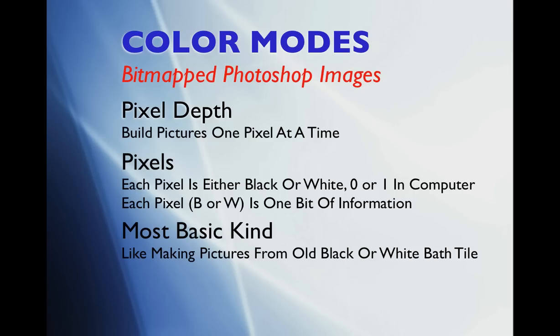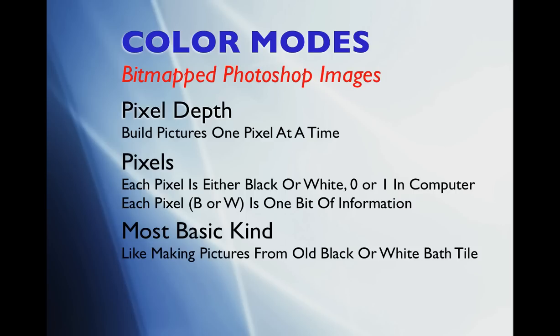Okay, and the most basic kind, and I've covered this idea in other videos, think of if I gave you a stack of old-fashioned, what I call bath tiles, black and white bath tiles, those little 1-inch square things, and I said make a picture, a very simple sort of picture out of them.